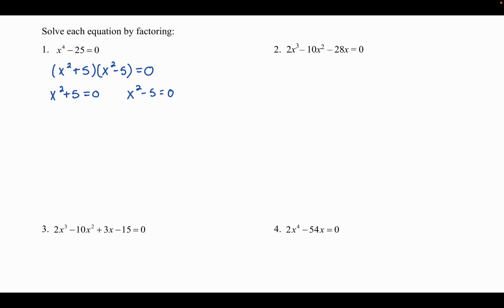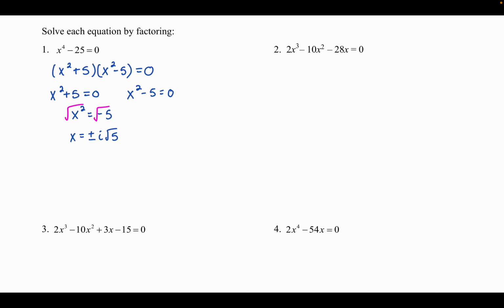Okay, so now we have 2 quadratic equations that we have to solve. But the good news is that you guys are all pros at solving quadratic equations. After last chapter, you can solve any quadratic equation that I put in front of you. So these ones, we can actually just use the square root property. For this first one, I can subtract 5 over, and then I'll take the square root. So I'll get x equals plus or minus, can't forget that, an i because we have a negative square root, and then square root of 5.